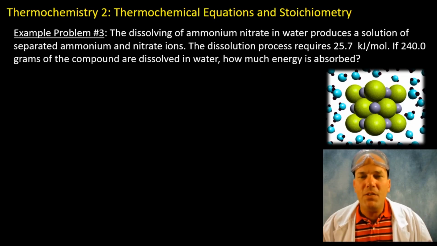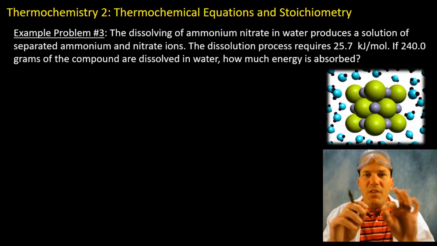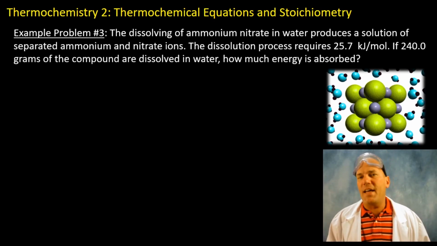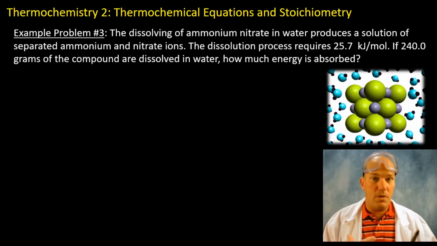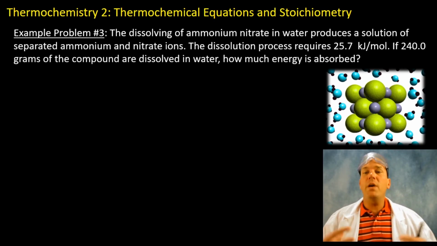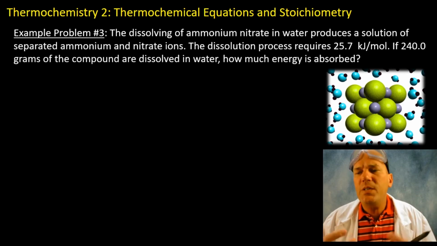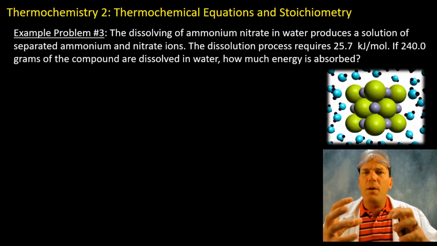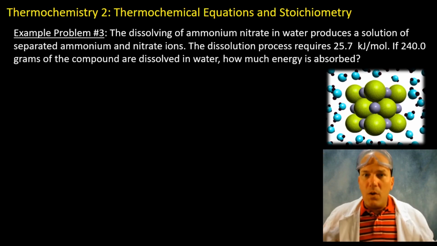Now, in this course, we've talked about the dissolution, the dissociation of ions. And now you're understanding that in this process, water molecules are breaking apart the lattice crystalline structure of the ammonium nitrate, and those coulombic attractive forces are being overcome.